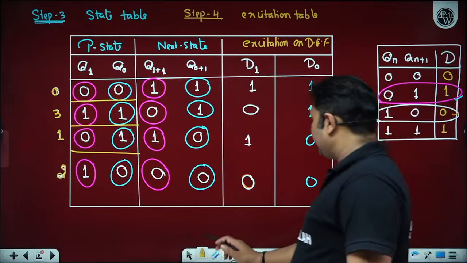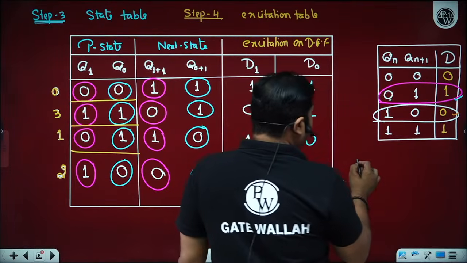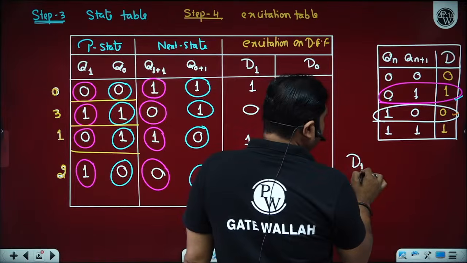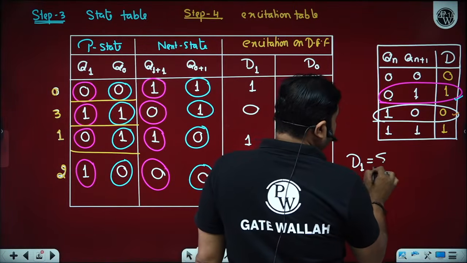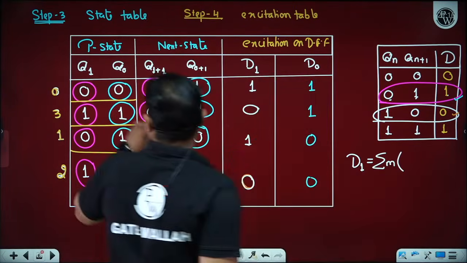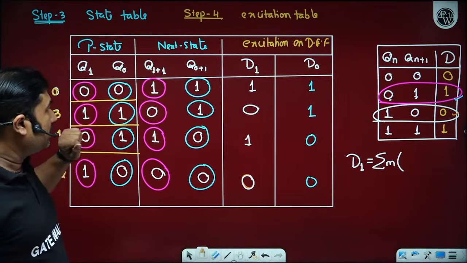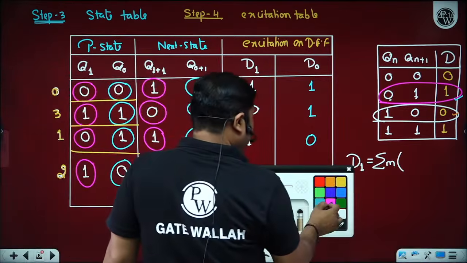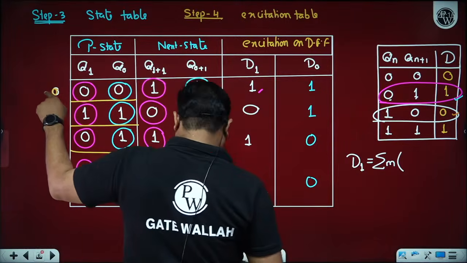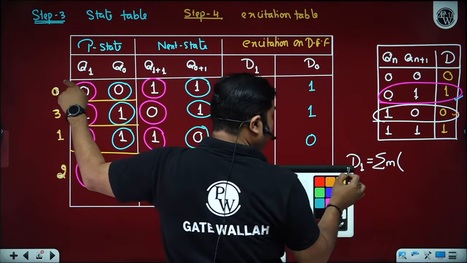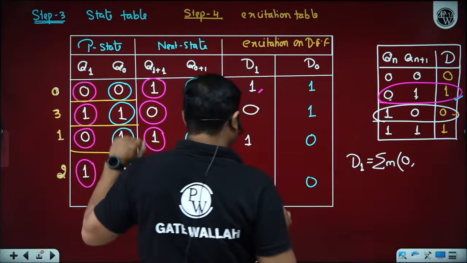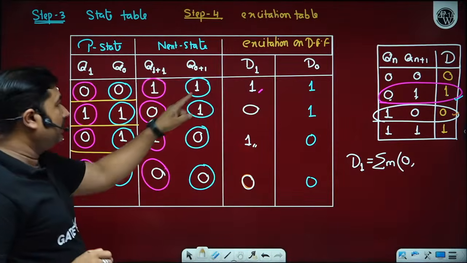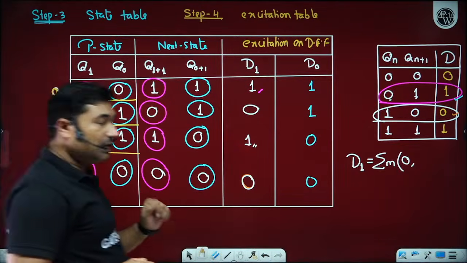Now please observe where we are getting output logic high for D1 in terms of Q1 MSB, Q0 LSB. Sir, we are getting logic high onto the binary condition of 0, and we are getting D1 high onto the binary condition of 1.